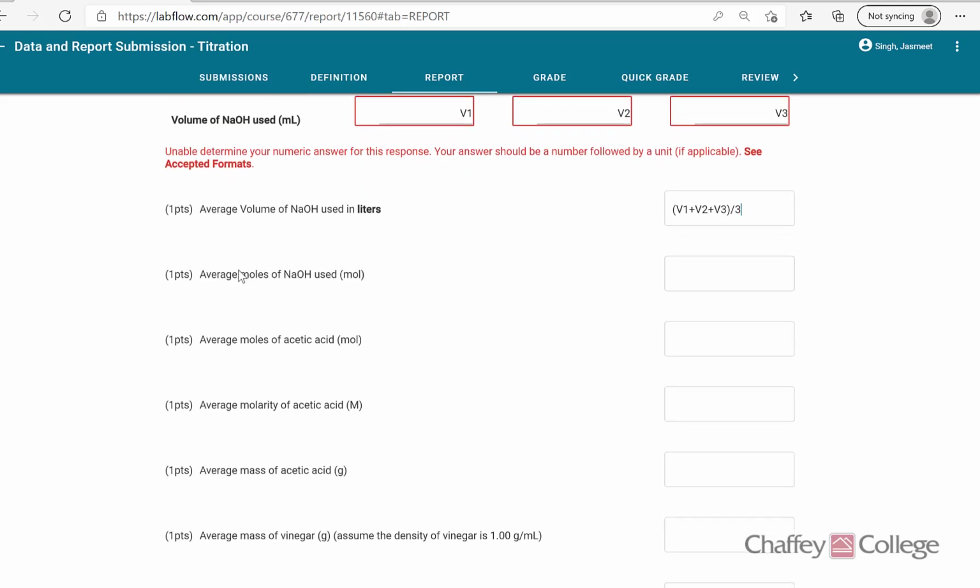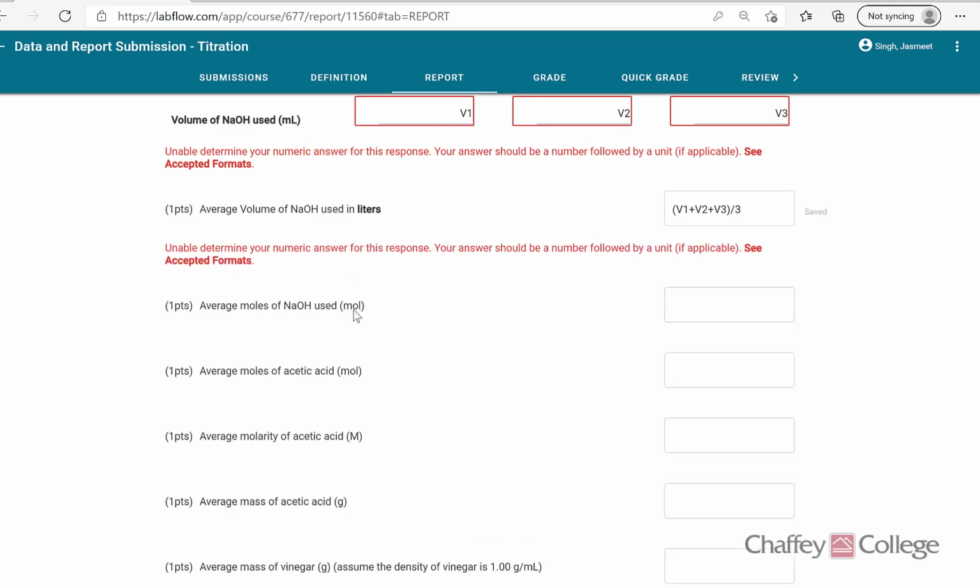Next is average moles of NaOH. The moles of NaOH used is calculated by molarity multiplied by volume. So the molarity of NaOH, of course, multiplied by the volume of NaOH.